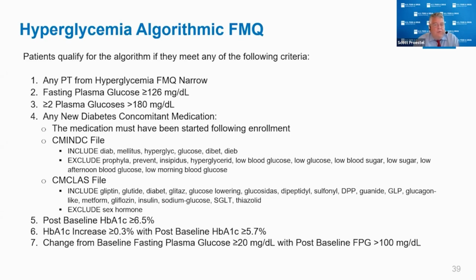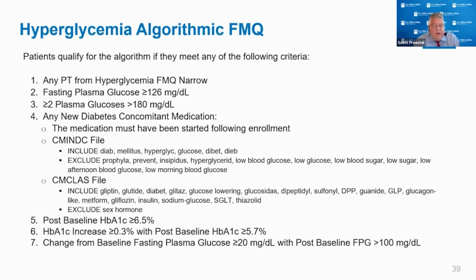And if you look at criterion number 4, that uses concomitant medication. So that's the first time we're doing that. And we're using the indication and class data sets for the concomitant medications. And you can see terms that would include you in the algorithm and terms that would exclude you.